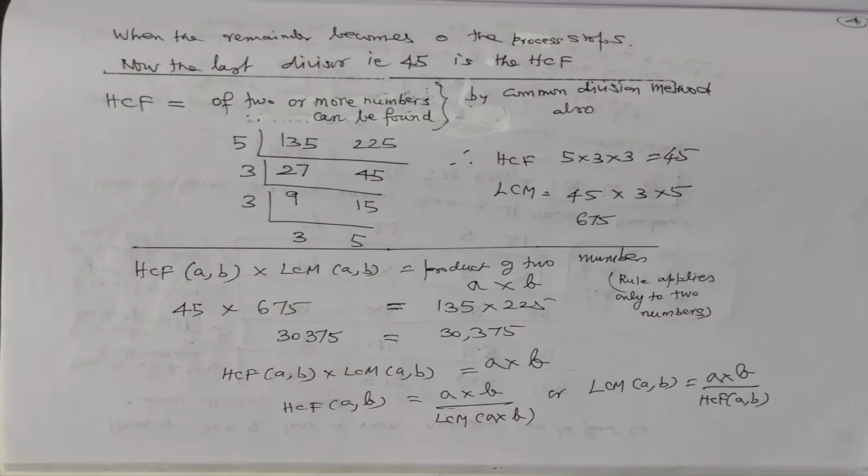Therefore, between 135 and 225, 45 is the HCF of these two numbers, 675 is the LCM of these two numbers. 45 multiplied by 675 is the same as 135 multiplied by 225. So, HCF of a and b is equal to a multiplied by b divided by LCM of a and b.